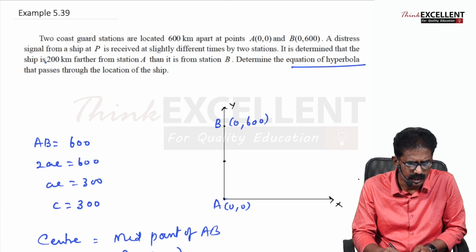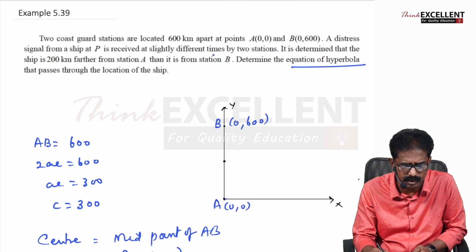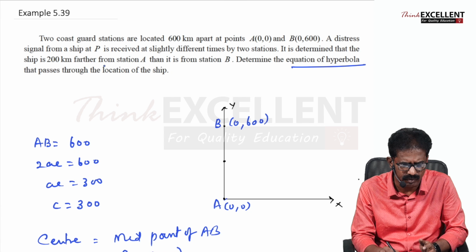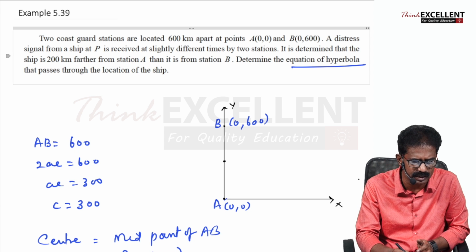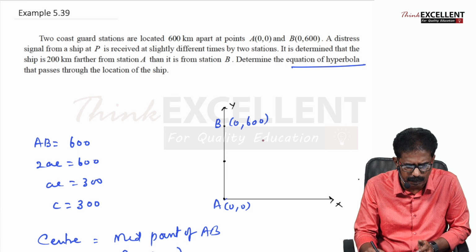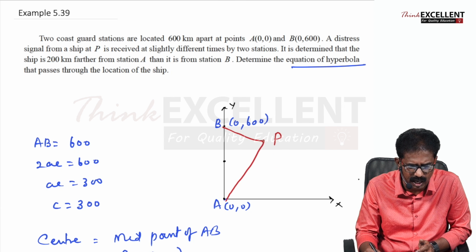A distress signal from a ship at P is received at slightly different times by the two stations. It is determined that the ship is 200 kilometers farther from station A than it is from B. So here the ship is much closer to B. The point is somewhere here, so this distance is smaller than this one, which is the longer distance.